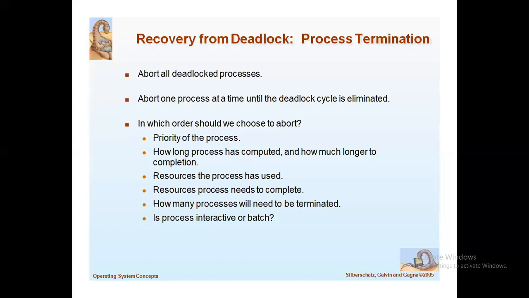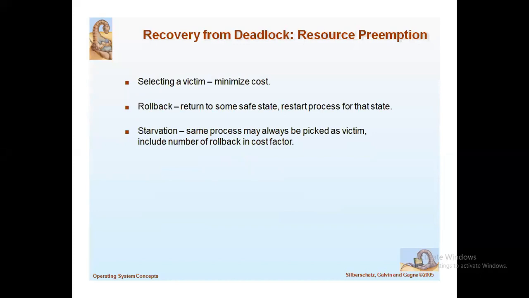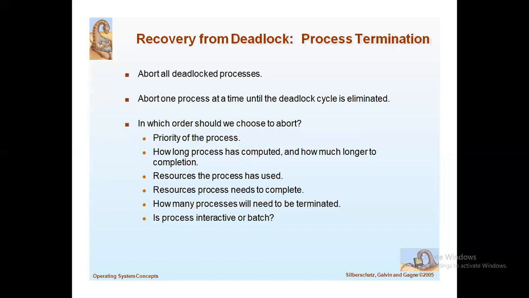These are the conditions to remove one process from the deadlock situation. So this is the pessimistic approach: process termination by aborting all deadlocked processes, or aborting one process at a time until the deadlock is broken.